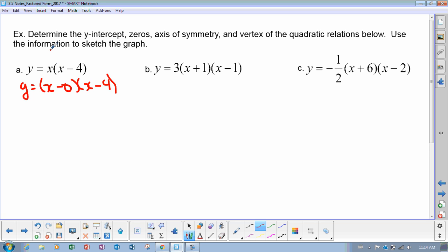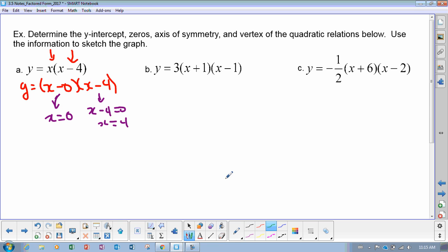I'm going to start by getting the zero values. If I have x minus 0, that means this first zero value is x equals 0. This value right here is x minus 4 equals 0, so x has to equal 4. So I figured out what my zeros are.